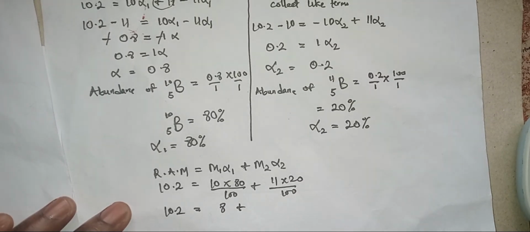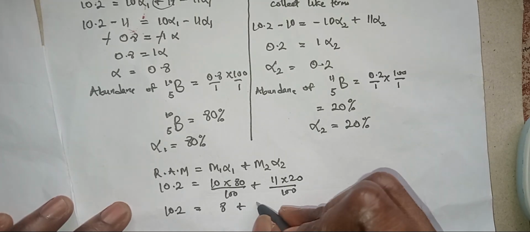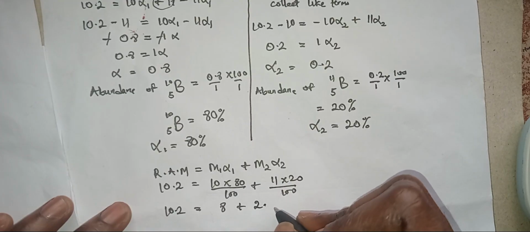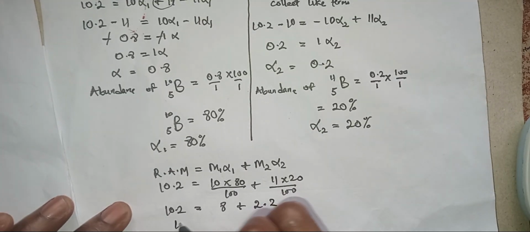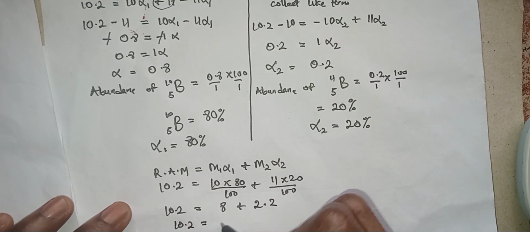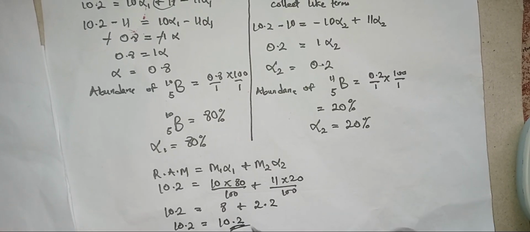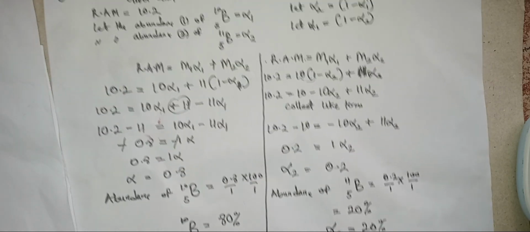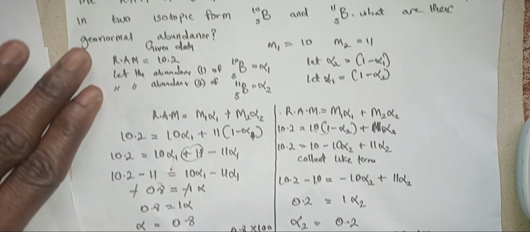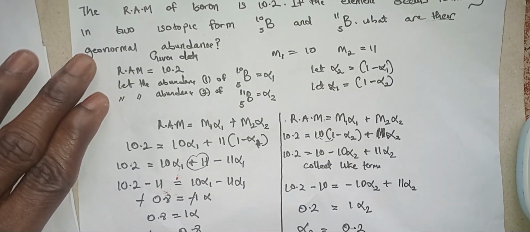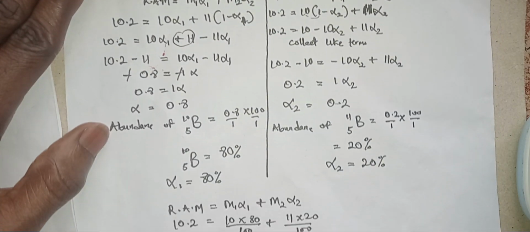And this one will give us 11 multiplied by 20 divided by 100, which gives us 2.2. If we add them together, it's going to give us 10.2. This is now equal to the relative atomic mass from the question, which is 10.2.